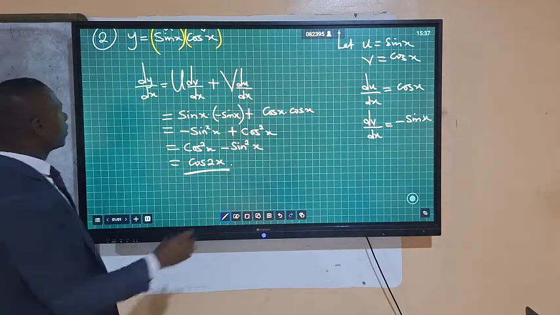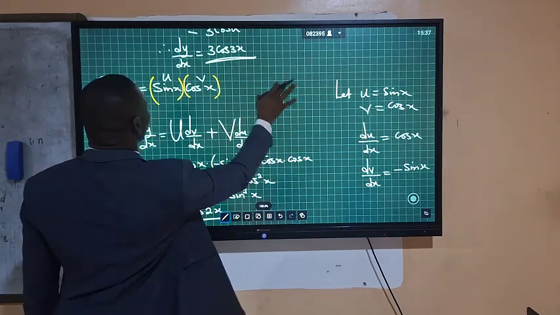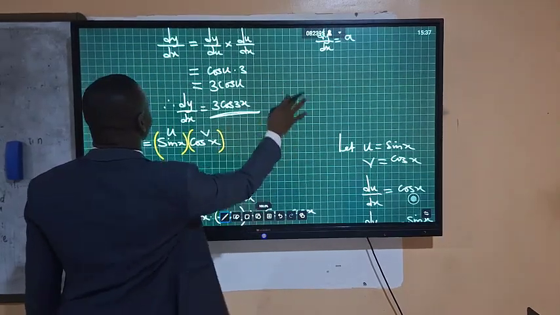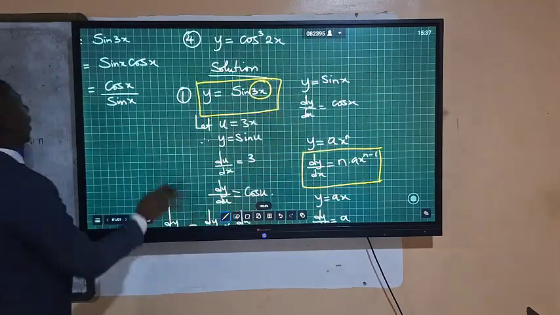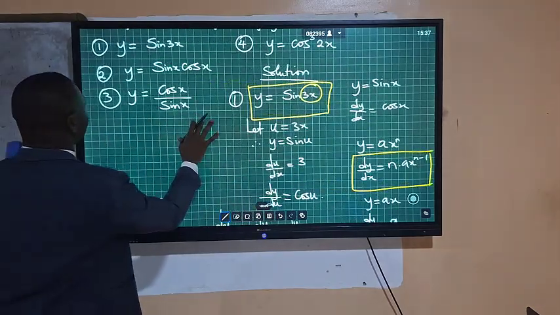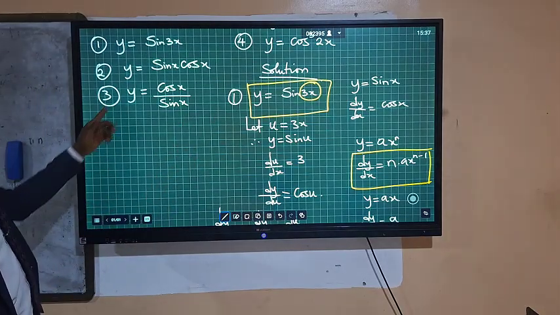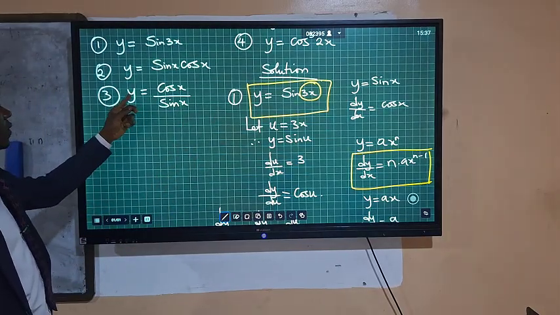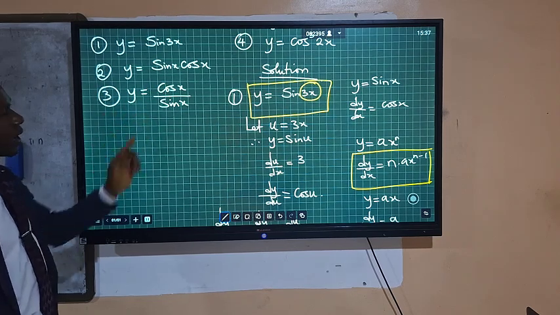Okay? Then let's go back to our equation and handle question number 3. Number 3 says y is equal to cos x over sin x.